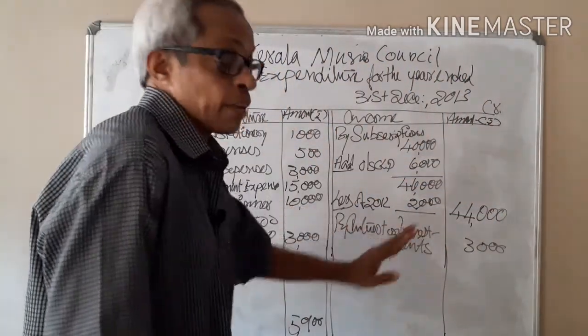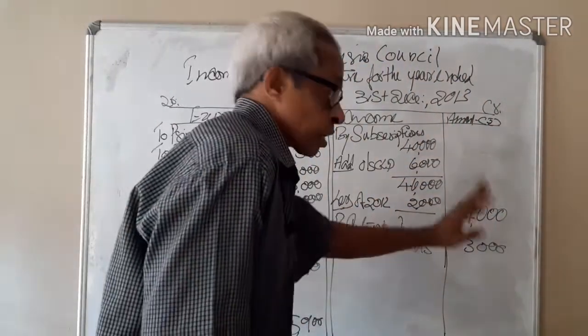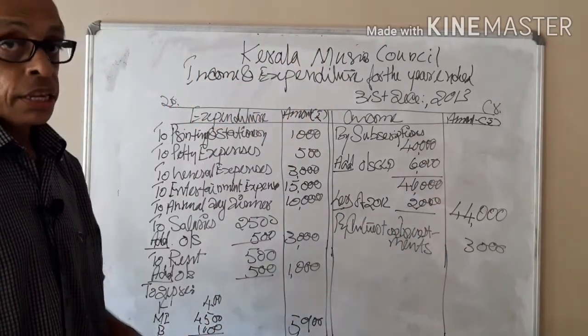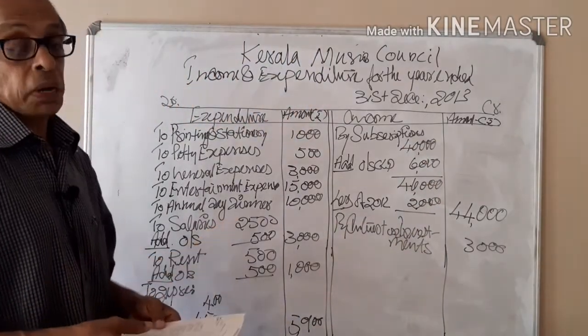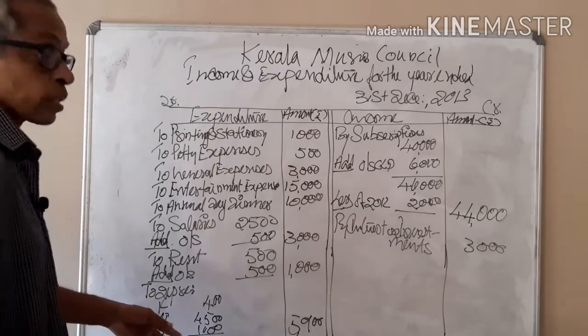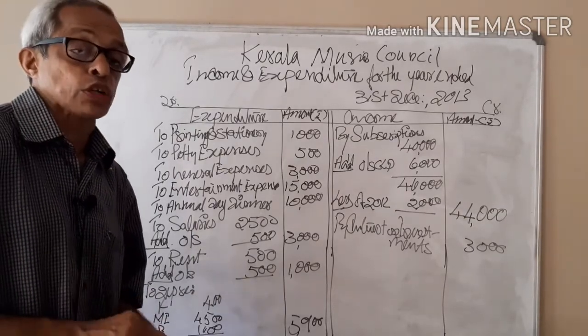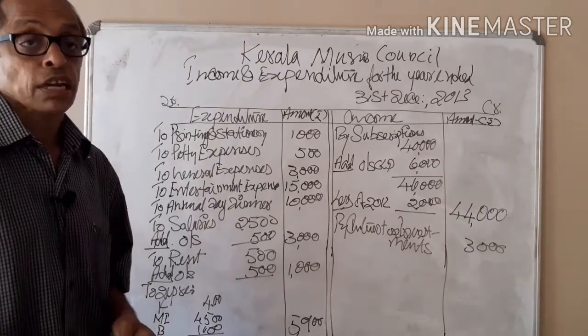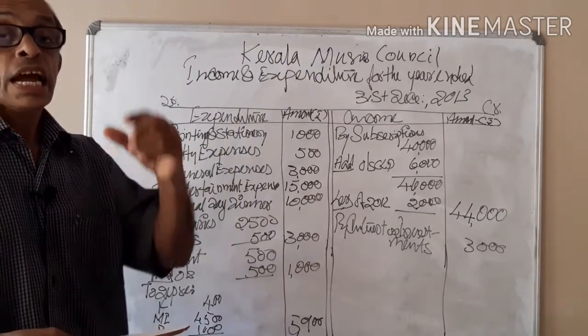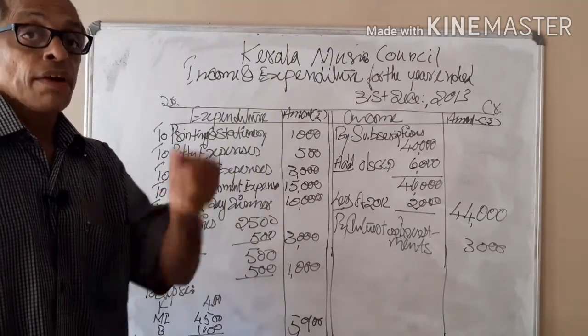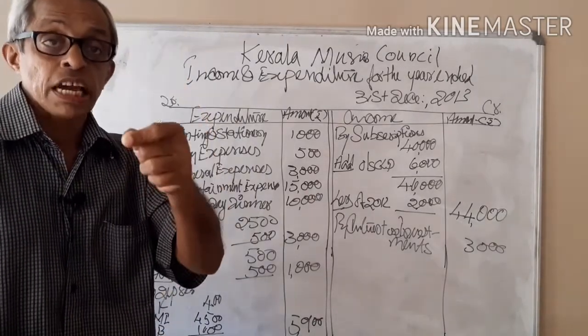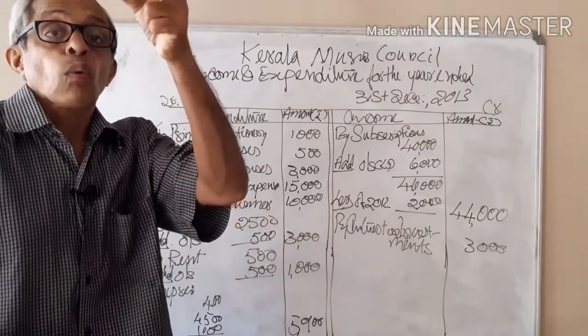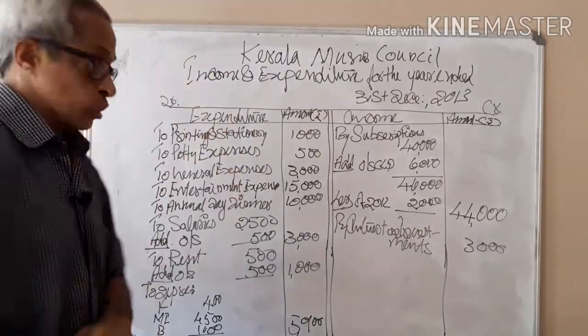Then interest on investments received, 3,000. Here musical instruments purchased is there, but we are not calculating depreciation on the purchased figure, because we are not given the date of purchase. Therefore we calculate depreciation on the opening balance of musical instruments.